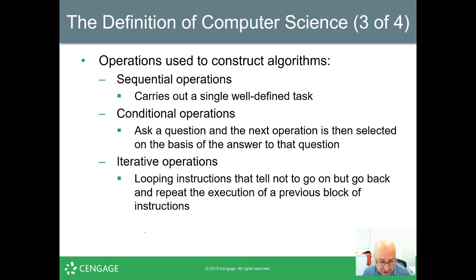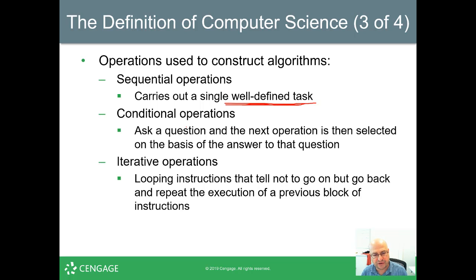There are a few operations that are used to write most algorithms. Well, the algorithms that we're interested in, at least in this topic and in computer science in general, have what's called sequential operations. These are operations that carry out a single well-defined task.